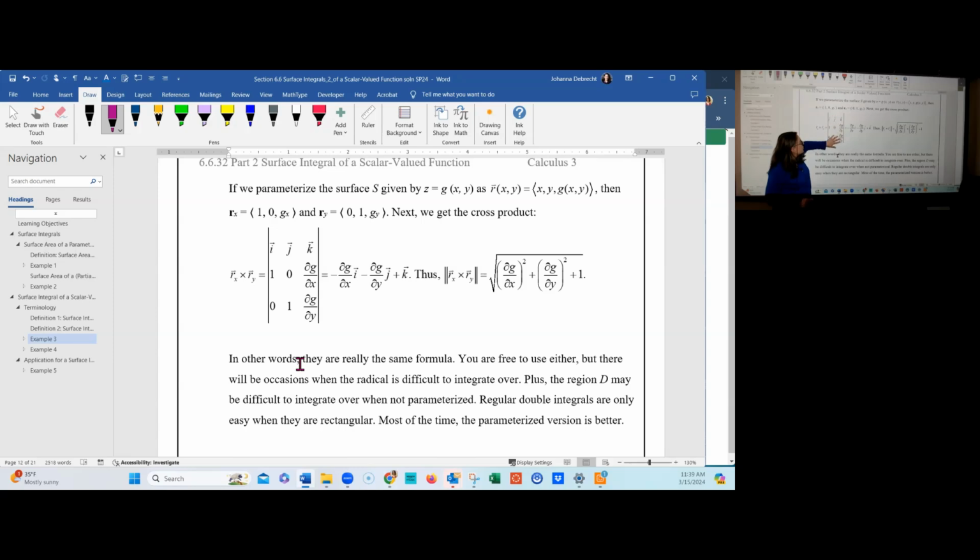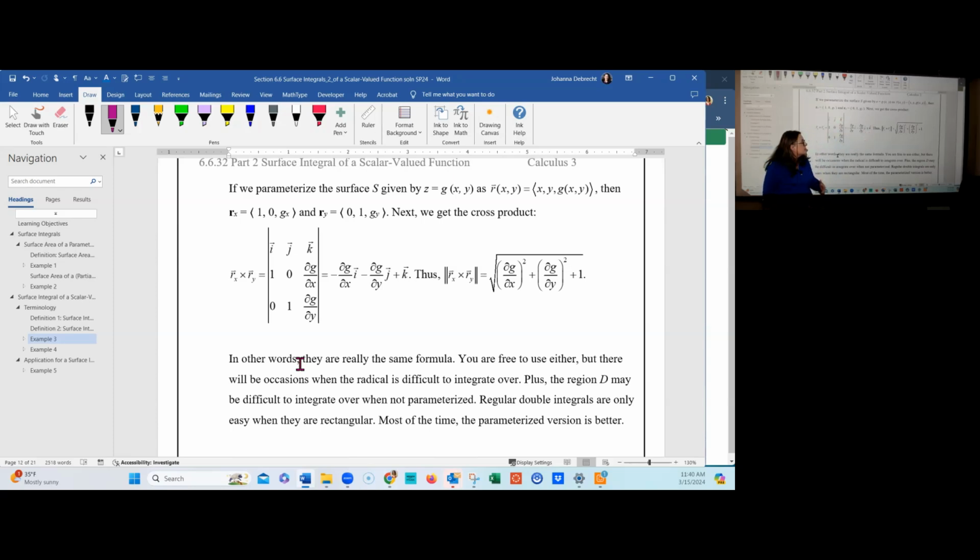When we compute the determinant of this 3 by 3 matrix, we get 0 minus the partial of g with respect to x in the i hat direction. And crossing out column 2, we get minus the partial of g with respect to y minus 0 in the j hat direction. And in the k hat direction, we mark out column 3 and we just get 1 minus 0, or 1.